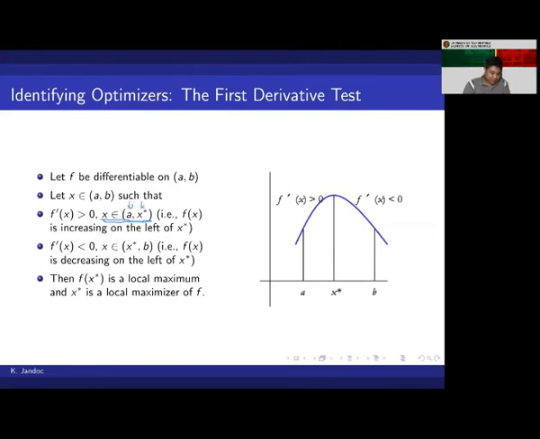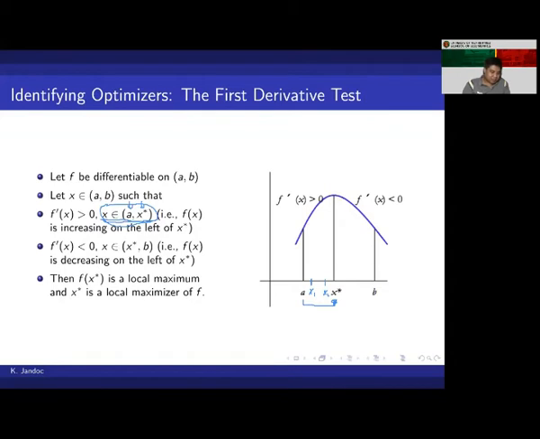So we have x star here. For any x between A and x star, this is what the symbol means. So x could be here, for example, call it x1. Another point would be here, call it x2. So this is between A and x star.